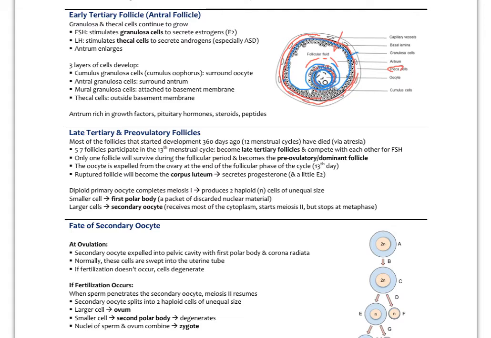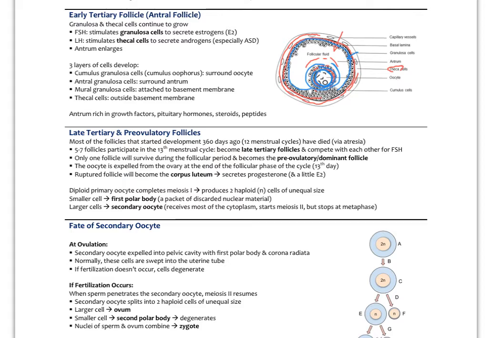Only one typically will become predominant, and that will ovulate its egg. And then that remaining follicle will actually go on to become a corpus luteum. The oocyte is expelled from the ovary at the end of the follicular phase of that 13th menstrual cycle. And the ruptured follicle becomes the corpus luteum, and that's going to secrete progesterone and a little bit of estradiol.